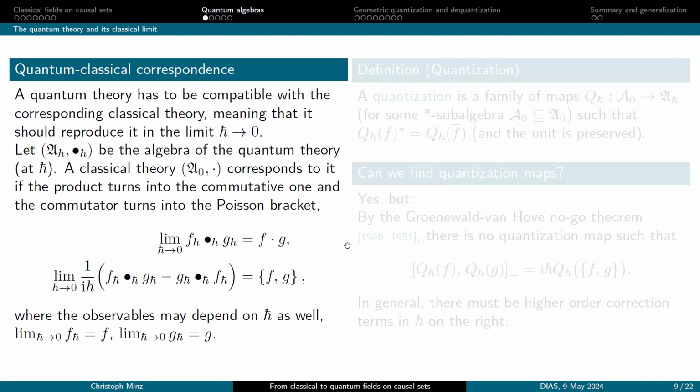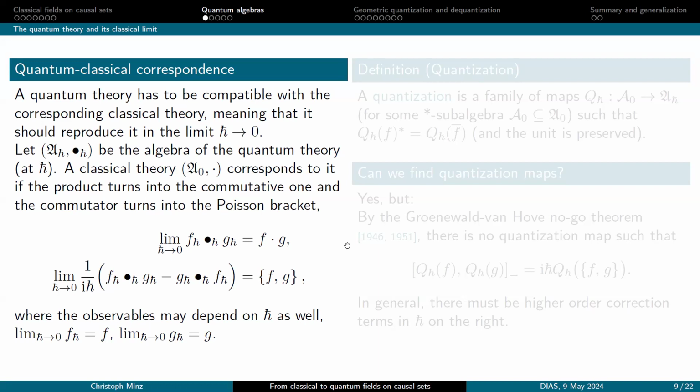But for now, let's say we have some quantum algebra with some multiplication. So this is just this algebra there, and we have a corresponding classical theory. This classical theory corresponds in the sense that if we take any product in the quantum world and send the h bar to 0, then we want to recover the classical pointwise product of our observables in the classical theory.